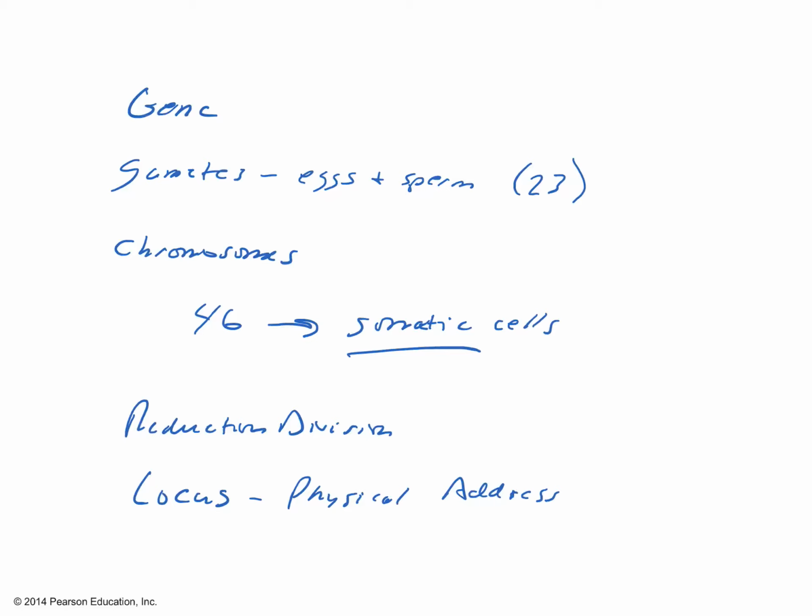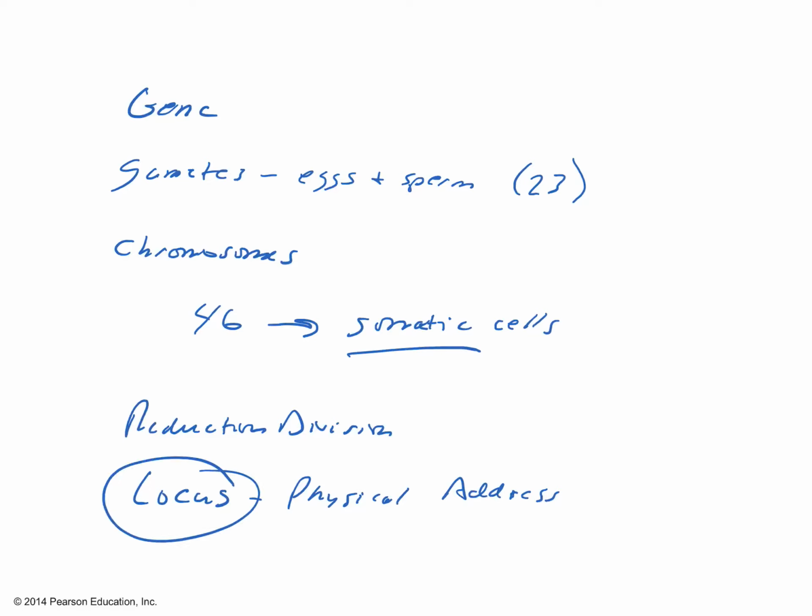This is where you find a particular gene. So if we're talking about, let's say, a gene that codes for eye color, and you identify that one gene in humans, in every human on the planet, that gene is in exactly the same spot on exactly the same chromosome. That spot is its locus.